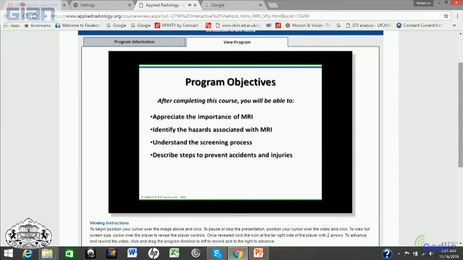You'll be able to identify the hazards associated with the MRI systems and the MRI environment, and you'll have an understanding of the screening process that is required before you are allowed into the MRI system room. Importantly, you'll be able to describe the steps to take in order to prevent accidents and injuries in the MRI environment.